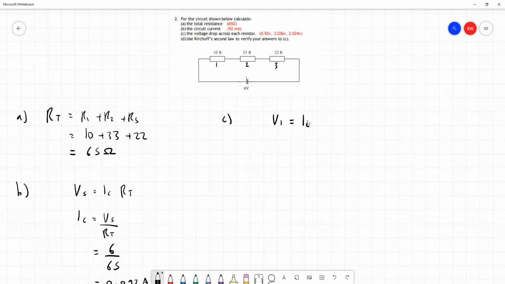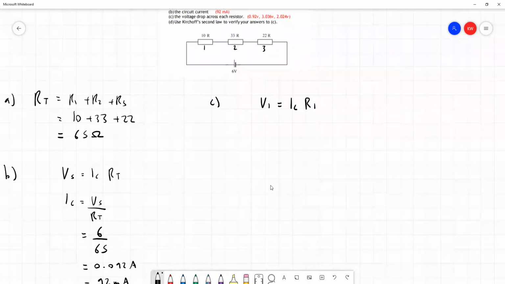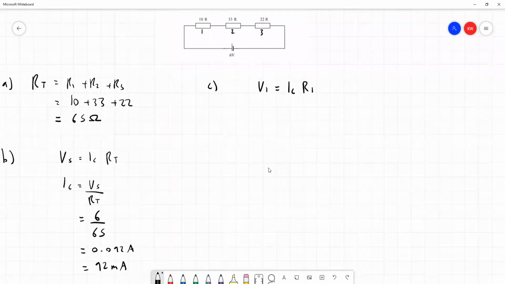And then that's multiplied by the resistance of resistor 1. And we know the circuit current, we've just worked it out in the previous part of the question, and we know the resistance across resistor 1. Now we have to be careful here, because one thing we don't want to do is put in 92 for a current. The value we put in here should be the value in amps, so it's 0.092.